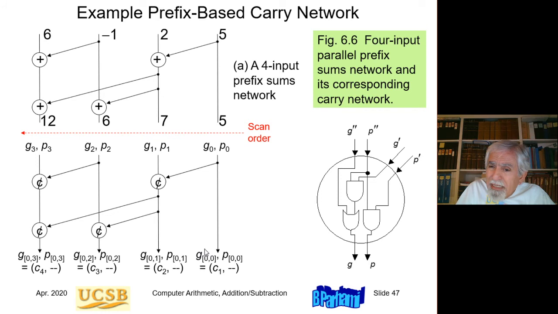So at this last level, I don't really need this P01, P02, P03, so the circuits corresponding to forming those can be removed. But this is cleaner. We always deal with pairs of signals: P and G for bits, shown at the top, P and G for a 1-bit block, for a 2-bit block, for a 3-bit block, for a 4-bit block at the bottom. And I've computed the carries.